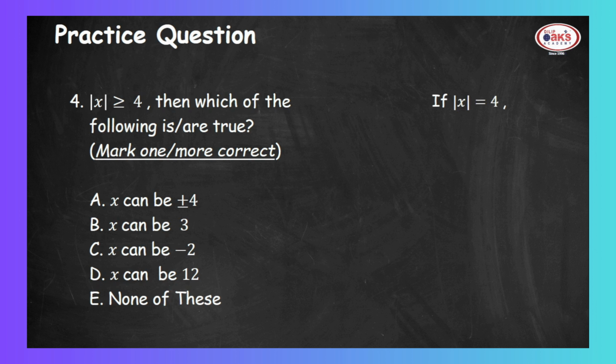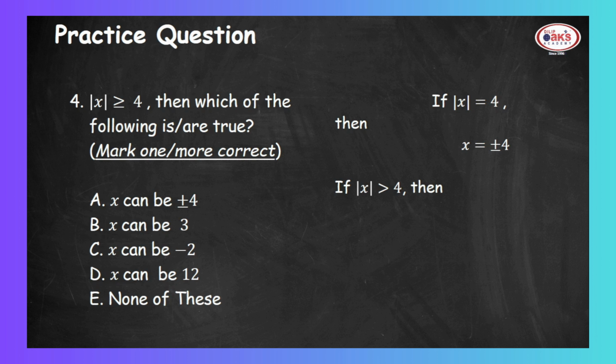Now the first case I will consider here is mod x is equal to 4. All of us know that mod x is equal to 4 can only lead to one of two possibilities, namely either x is 4 or x is -4, right? This is simple because of the definition of modulus of x itself.